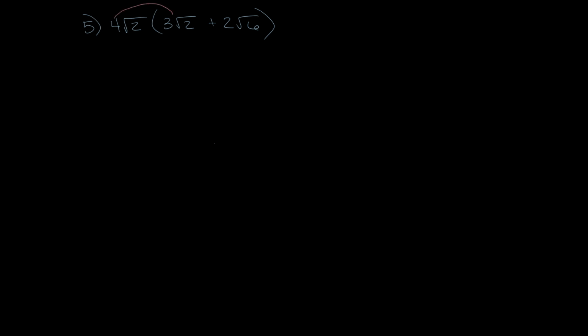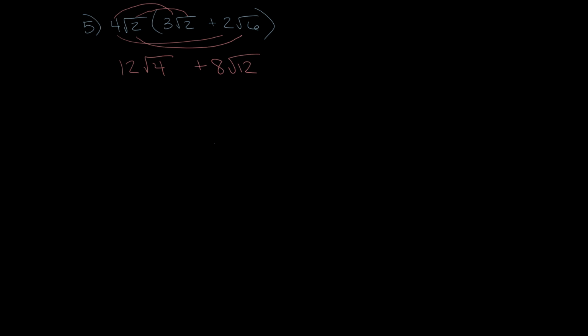So 4 times 3 is 12, and the square root of 2 times the square root of 2 is the square root of 4. Then plus 4 times 2 is 8, and the square root of 2 times the square root of 6 is 12. So notice that I multiplied the outside numbers and my radicands together. Outside with outside, inside with inside.